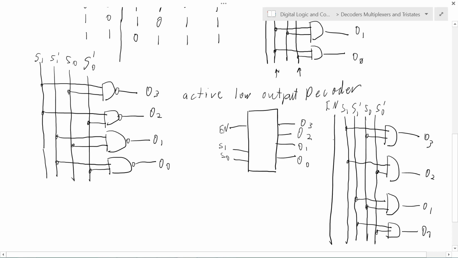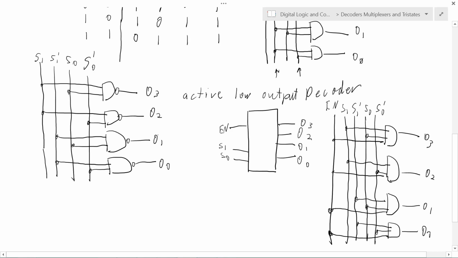So we just connect the enable signal to all of these AND gates and AND that with our other inputs, and this will enable or disable the output from the decoder.